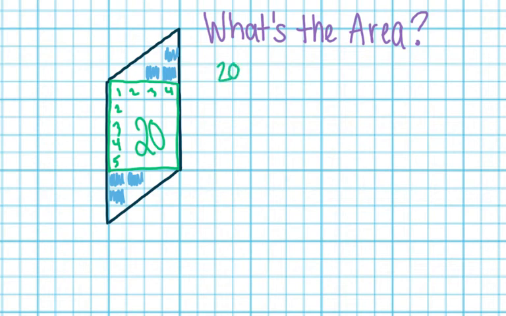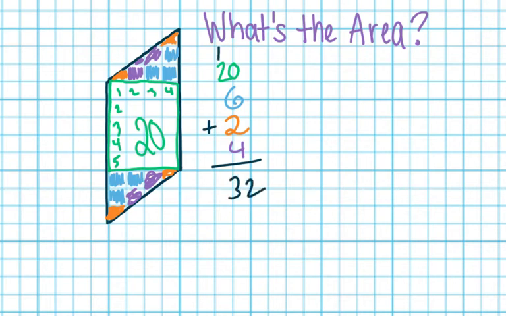So I have 20 plus 6, and then some of these pieces together maybe make a whole, and just kind of get an estimate by adding things up. There's got to be a better way.